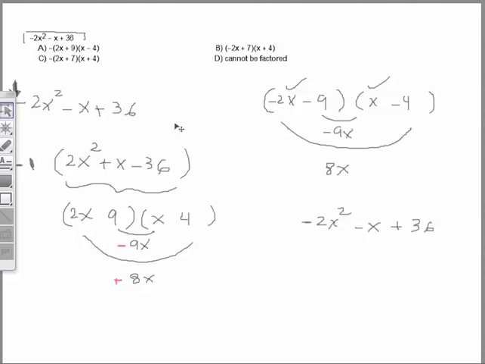Now I have everything done. If I multiply the last 2 terms, I get minus 36. The first 2 terms give me 2x squared, and the middle terms would add up to equal to, wait a minute, what do we have here?